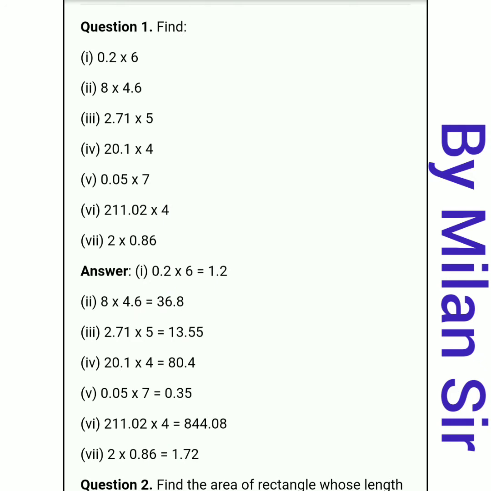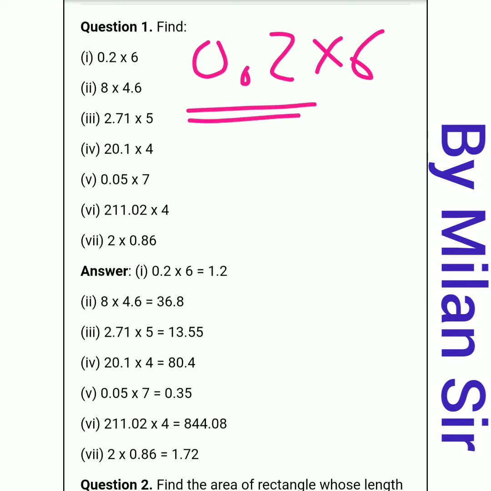In the second way, what we need to do? We have 0.2 multiply 6. Ignore the decimal point and do the multiplication. So 2 and 6, 6 twos are 12. Now we need to check the decimal number, that means before how many digits the decimal point is present. In this number, the decimal point is before one digit.